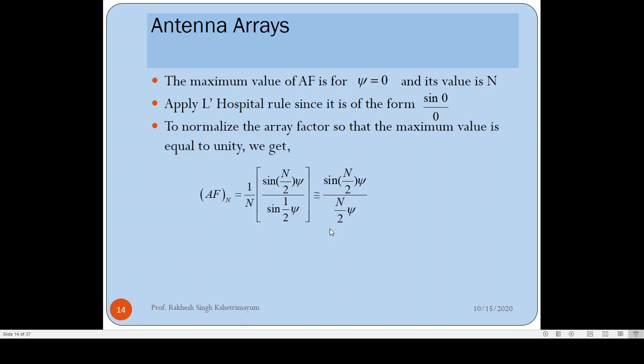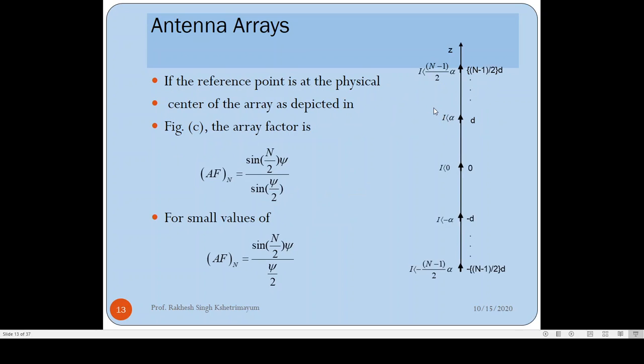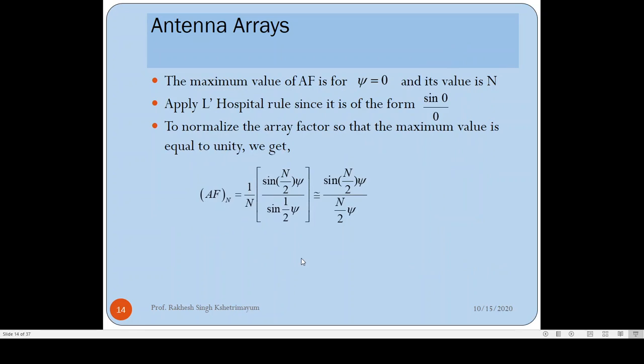If you normalize it, you need to divide by 1 by N. In order to normalize it, you need to find the maximum value of the array factor. When psi is equal to 0, it is indeterminate: we have 0 by 0 form. But you can use L'Hopital's rule and find the maximum value.